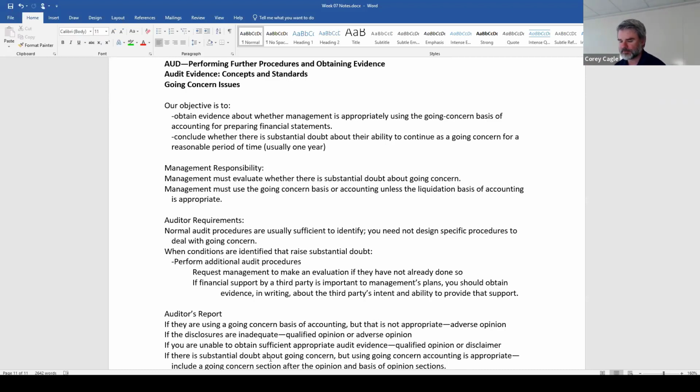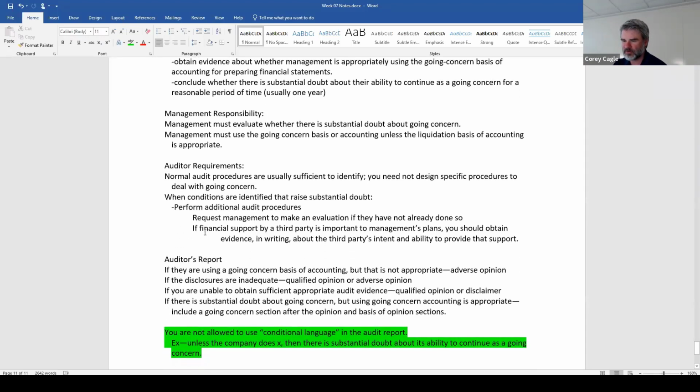But what the notes do specifically mention is we would request management to evaluate, because they're the ones to make that evaluation, if they've not already done so, about their ability to continue as a going concern.